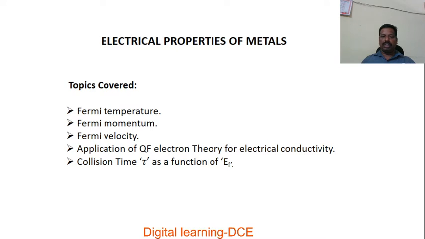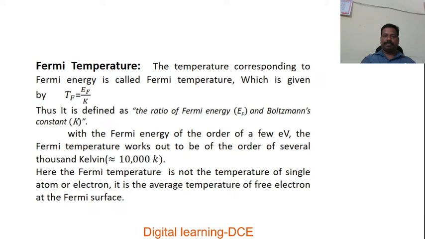These concepts are discussed in this chapter, qualitatively. We may expect 2 marks questions on all these topics, and we may expect some problems connected with these also. Now we are going to discuss one by one.